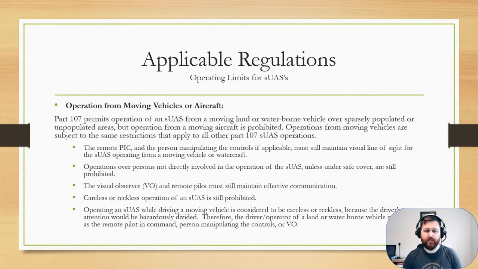The remote PIC and person manipulating the controls, if applicable, must still maintain visual line of sight of the sUAS operating from either a moving ground-based vehicle or watercraft. Operations over persons are also still not okay unless they're already under safe cover.